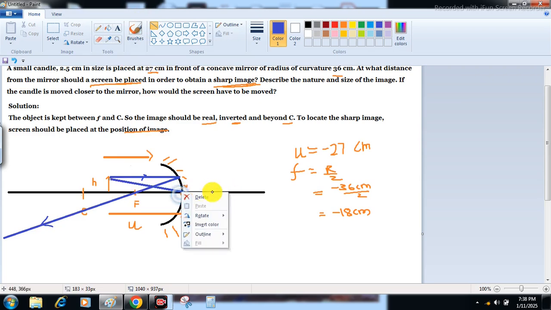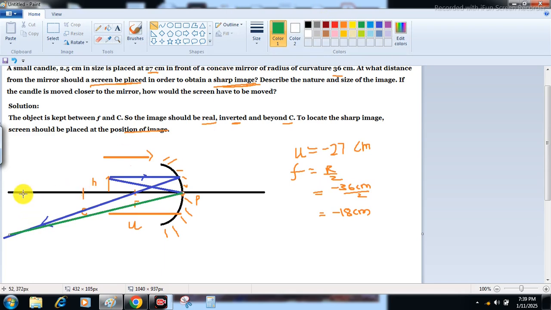From the law of reflection, it is reflected with the same angle.